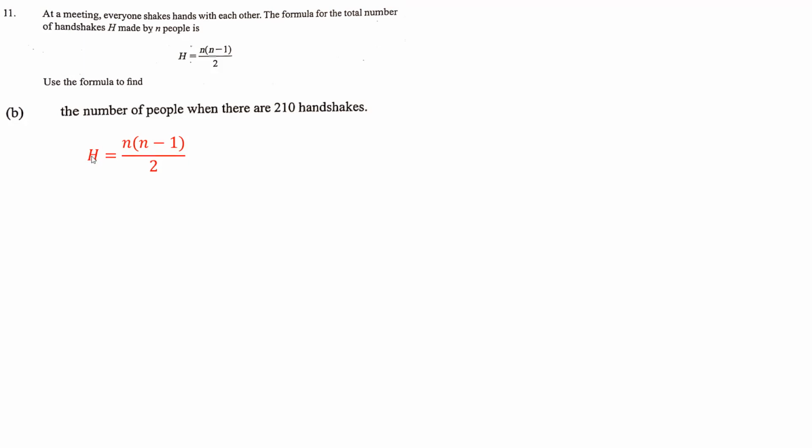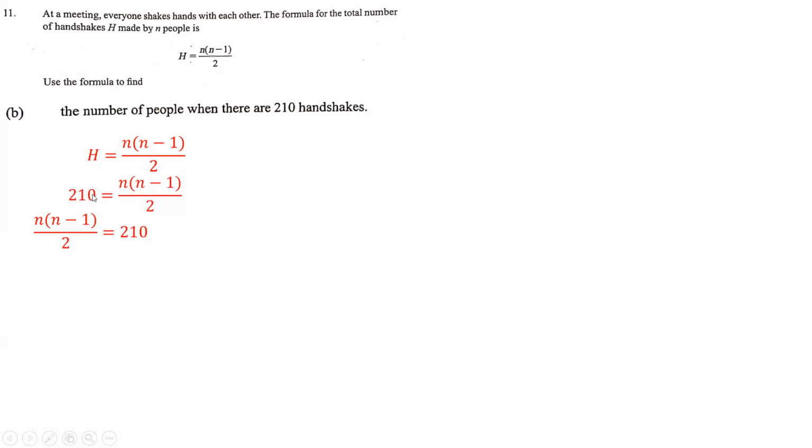Since you know the capital H is 210, substitute it, and using that understanding, solve for small n. That's basically what they asked us for. In the previous case, we were given n and we had to solve for H. In this case, we are given H and we have to solve for n. That's the difference.